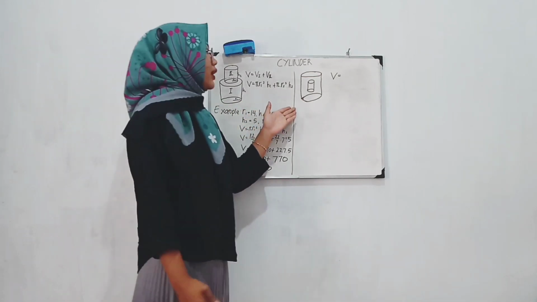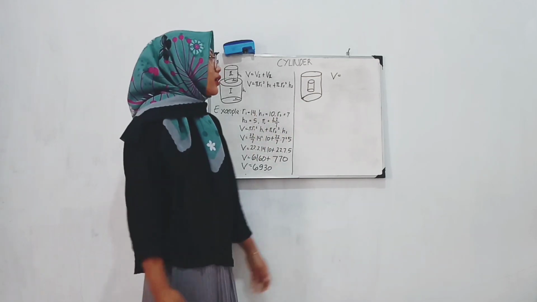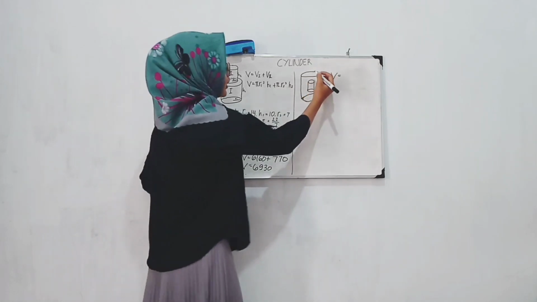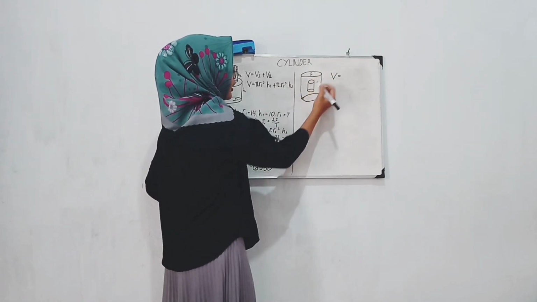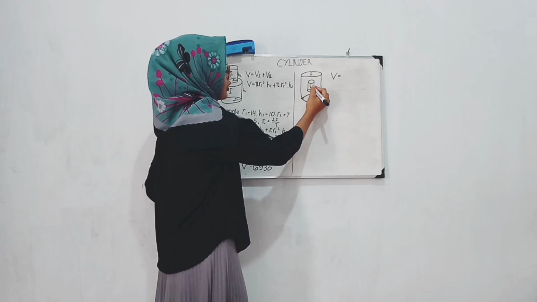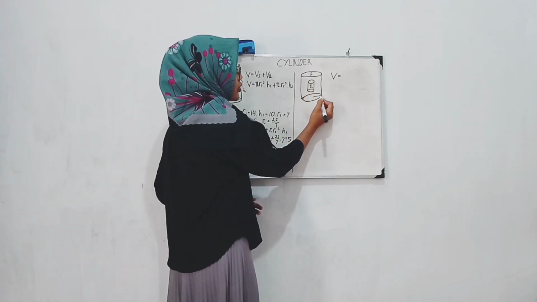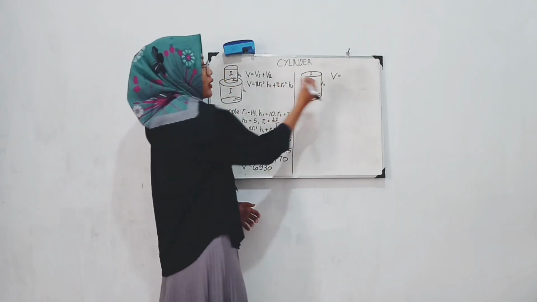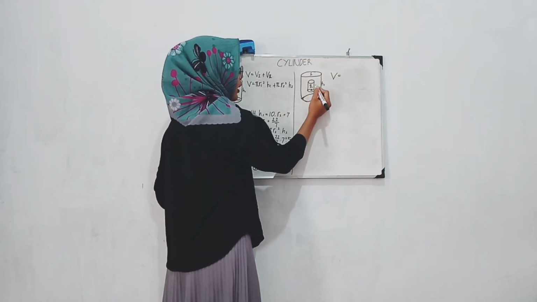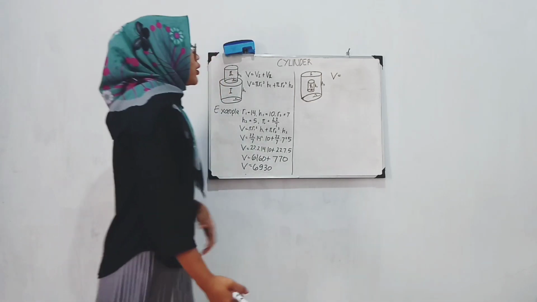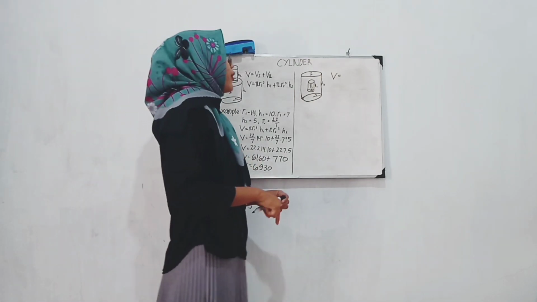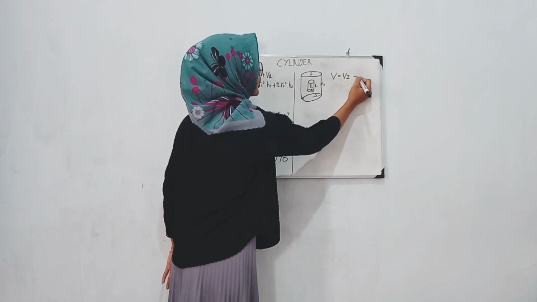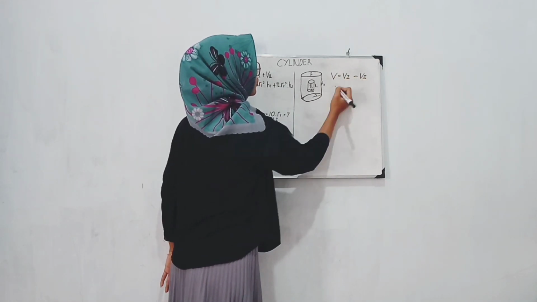Then this is a two-cylinder inside. To determine the volume, mark the cylinders as cylinder 1 and cylinder 2. Cylinder 1 has radius 1 and height 1, while cylinder 2 has radius 2 and height 2. So the volume is volume of cylinder 1 minus volume of cylinder 2.